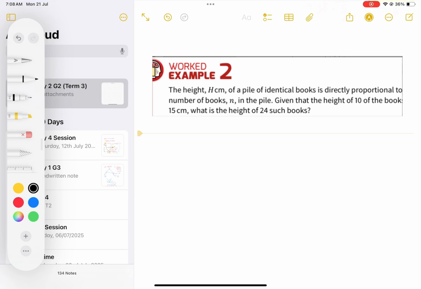The direct proportion questions in secondary 2 are a bit different because we are asked to find an equation. So how are we going to form an equation when it's called a direct proportion? What is being mentioned first is the h, so h will be on the left. H directly proportional equals to the constant k.